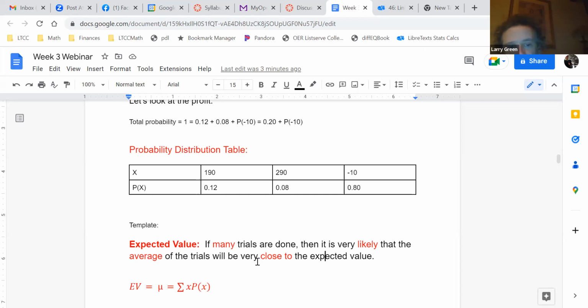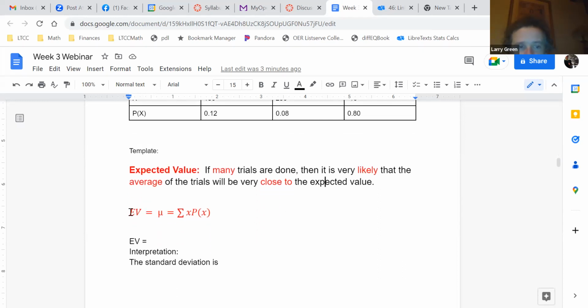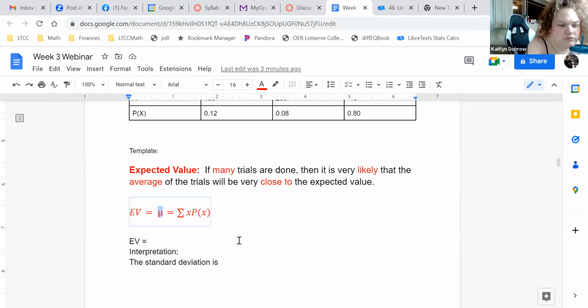Okay, here is the formula, which you don't need, but I figured I'd show it to you anyway. One thing you do want to know is this letter. What is this letter? We've seen it before. Mu. And mu corresponded to the mean. What's another word for mean? The simple word, if you want to tell a fourth grader?